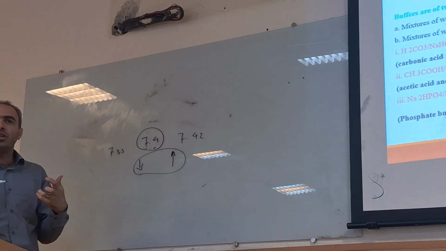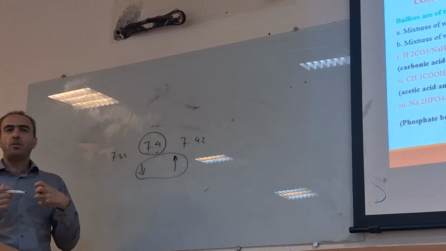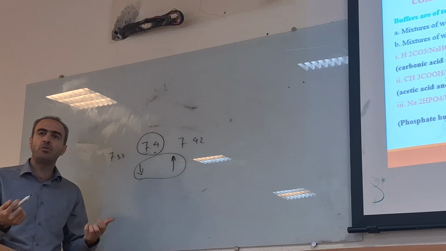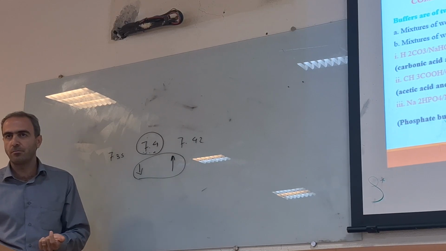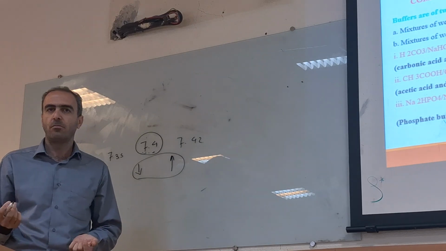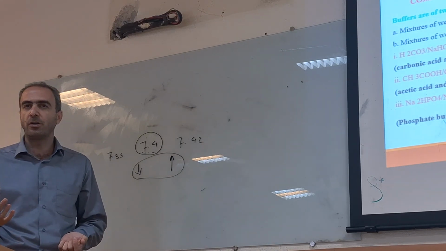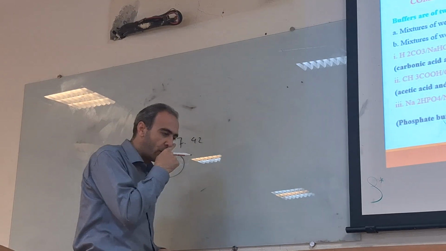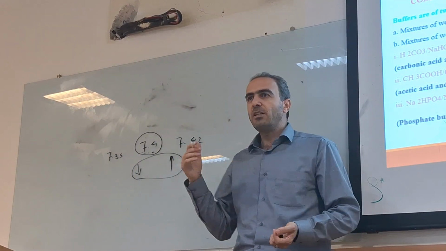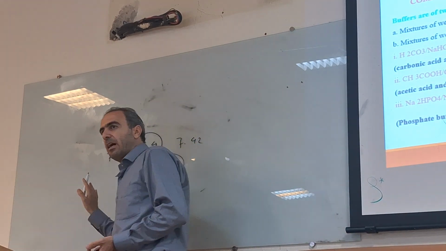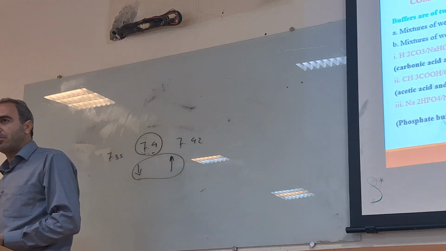Daily we use a lot of precursors which can lead to increasing or decreasing pH. For example, we eat a lot of acid, or we produce in our body acids like lactic acid, pyruvic acid, oxalic acid, or other acids. These acids decrease the pH and lead to acidification of the plasma.